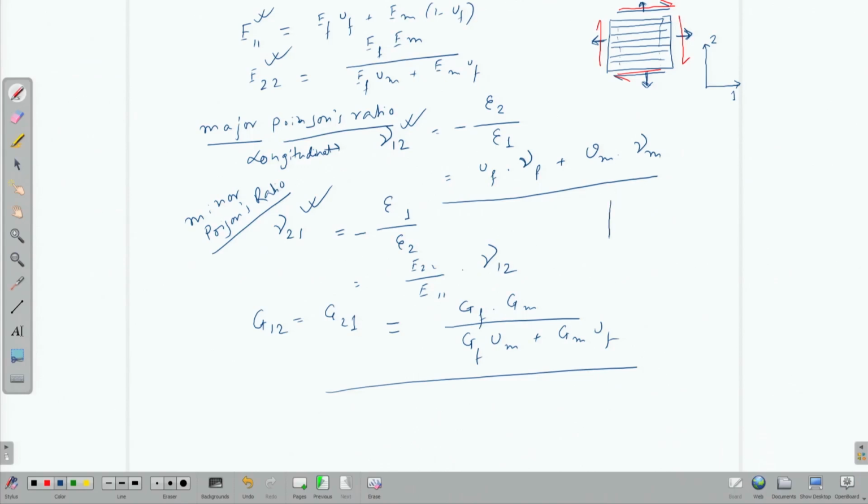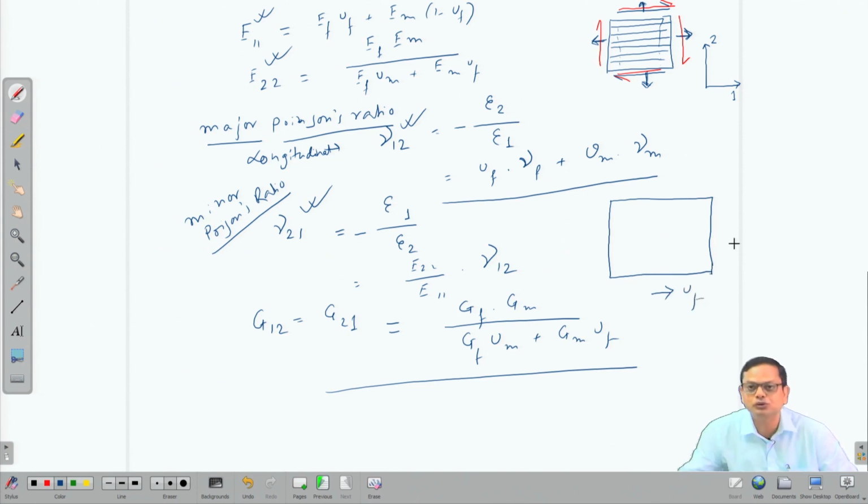So, you can think about, in this you have the Vf value, okay, and if this is our value of Em and if this is the value of Ef, then if you have longitudinal loading, it will be like this straight line, or let me use another color. So, the red one is for longitudinal loading. Let me write it. So, this is basically E11.